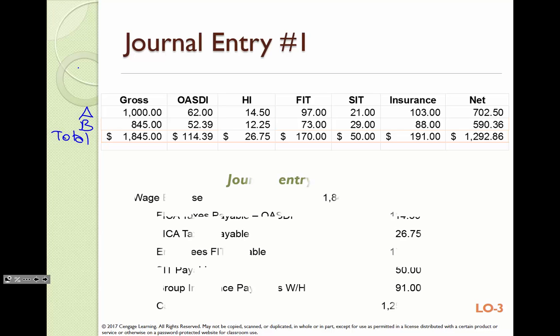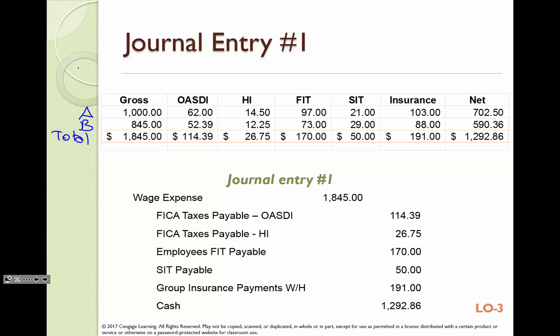Okay. And I don't know why they do this. Every single one of these, I just want the word payable. And you could just write OASDI payable, HI payable. Don't have to have a FICA. No. It's all the same.